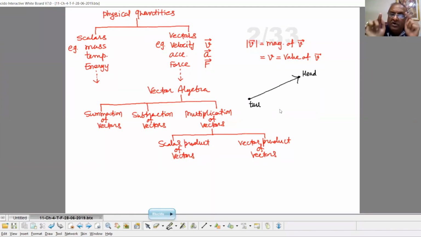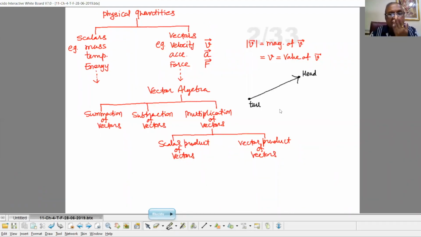If we want to represent this velocity by a vector, suppose we prepare the scaling like this: 1 centimeter equal to 10 kilometer per hour.